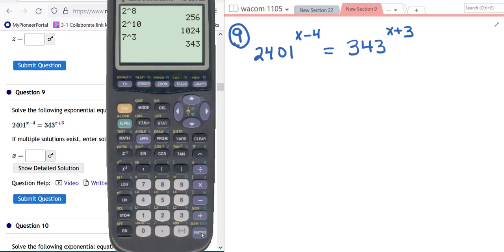So I have to try 7 to some power and see if I can get 2401. So let's try 7 to the fifth. Whoa, too big. So it must be 7 to the fourth if it's going to work. All right, so here I have 7 to the fourth.